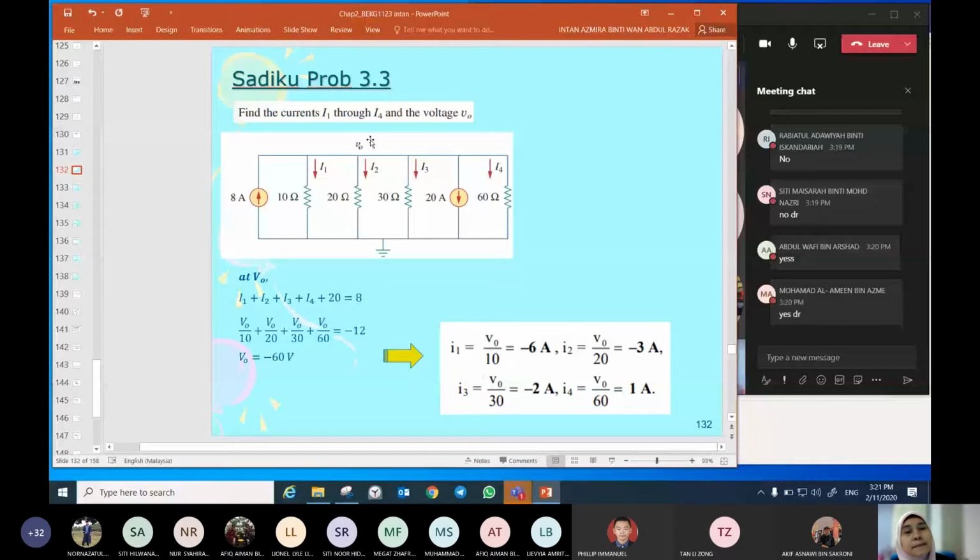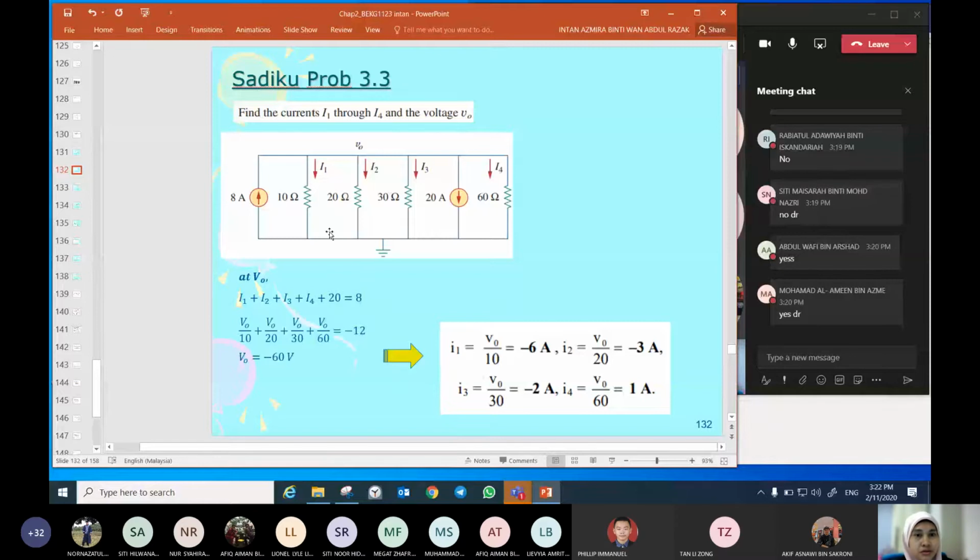If the question mentions the method, let's say find currents by using nodal analysis, you must use that method. Otherwise, marks will be deducted. If the question does not mention any method, just use any method that you know.